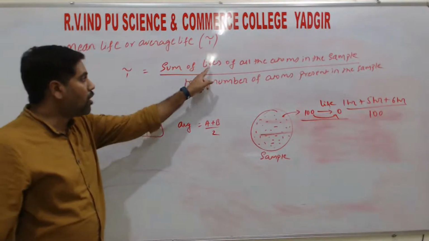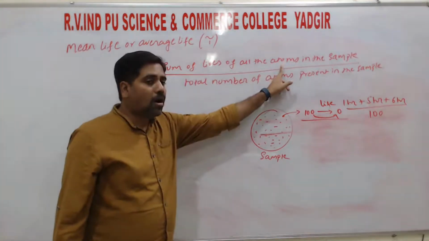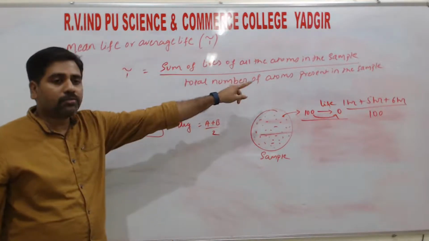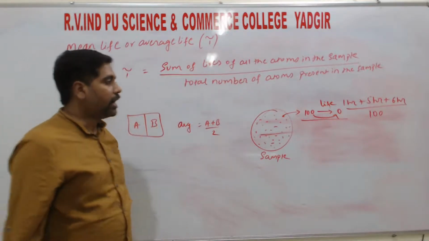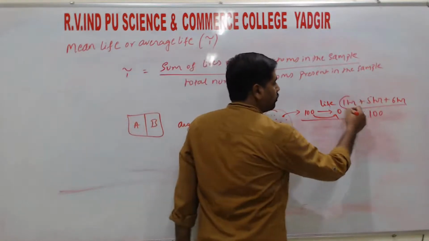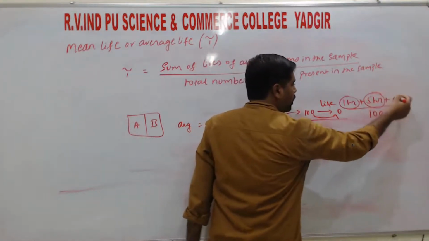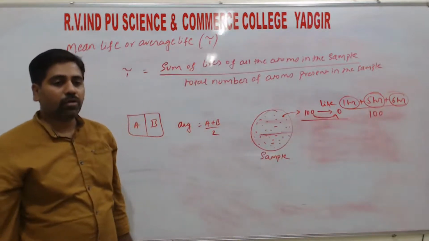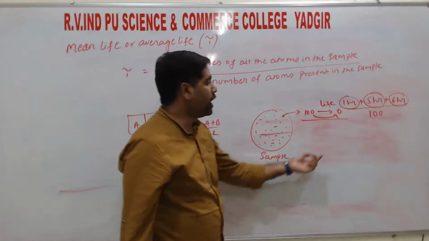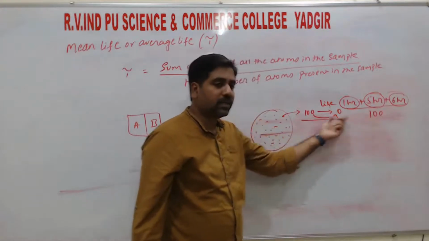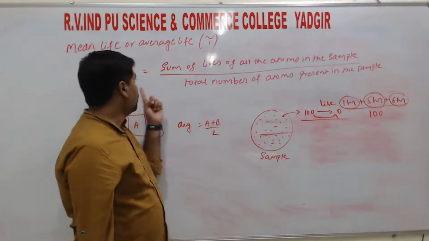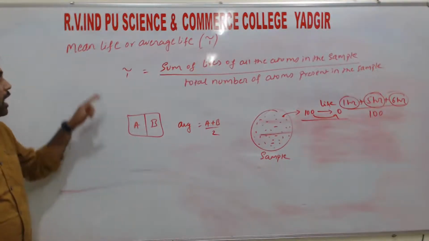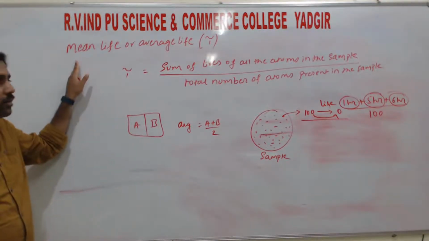That means the sum of lives of all the atoms in the sample divided by the total number of atoms present in the sample. Each atom may have the same or different life to disintegrate from its original value to 0. That we call mean life or average life, right?